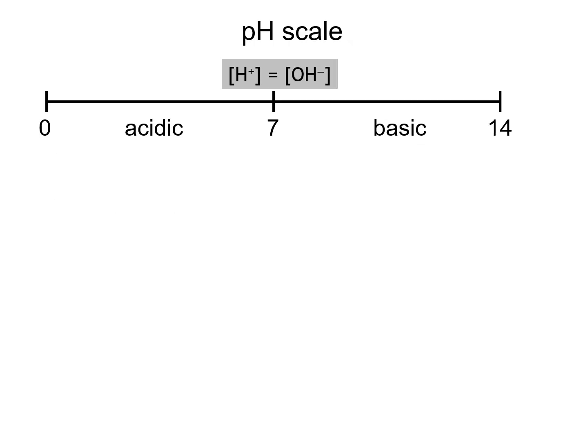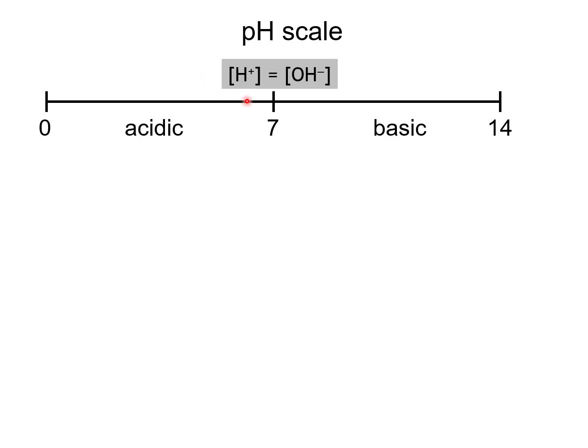So here's the pH scale. As you probably remember, if you have a pH of 7, that means it's neutral. If you have a pH below 7, that means the solution is acidic. And if you have a pH above 7, that means it's basic. The thing that makes it acidic, basic, or neutral has to do with the hydrogen ion concentration.